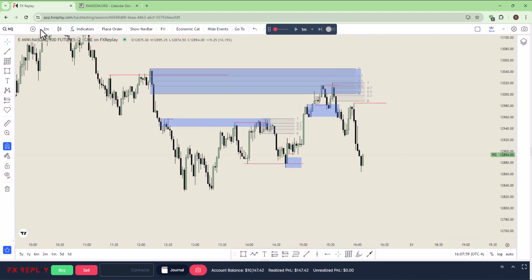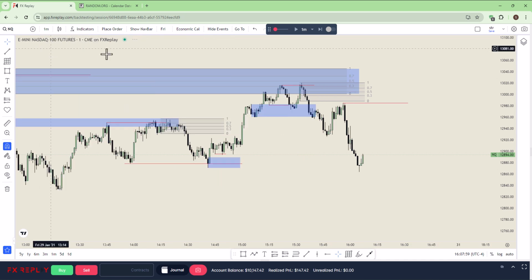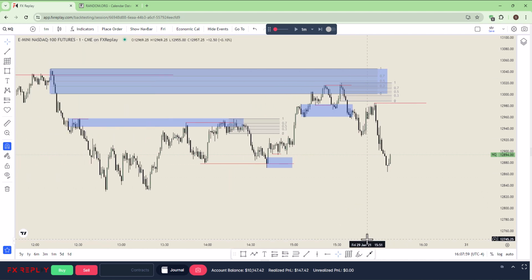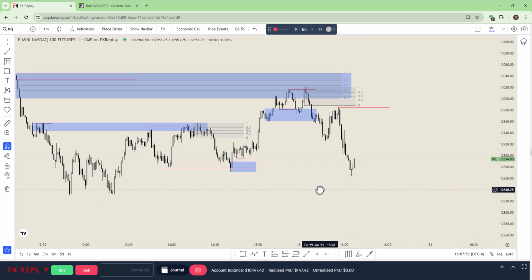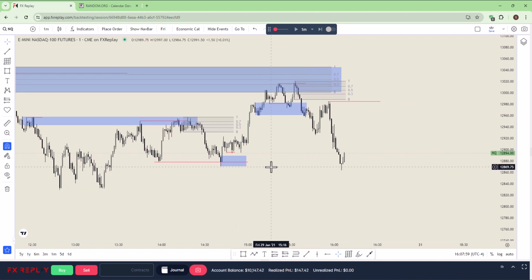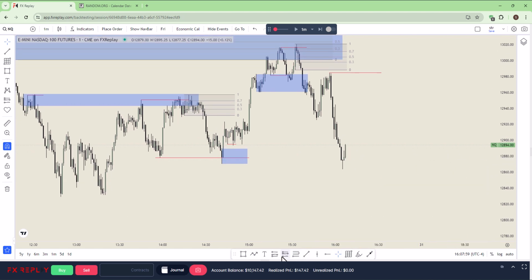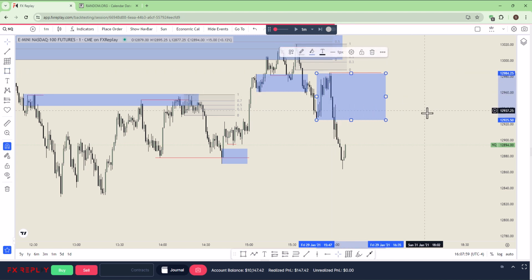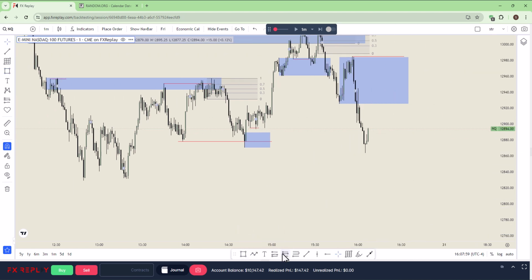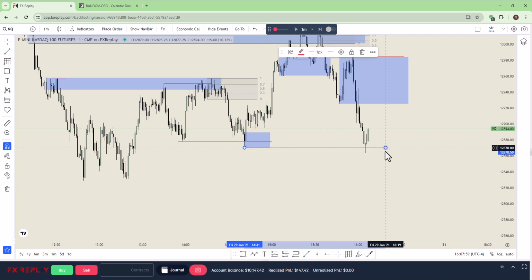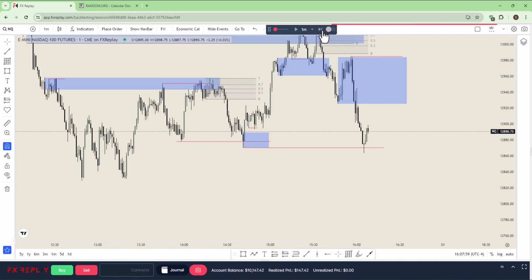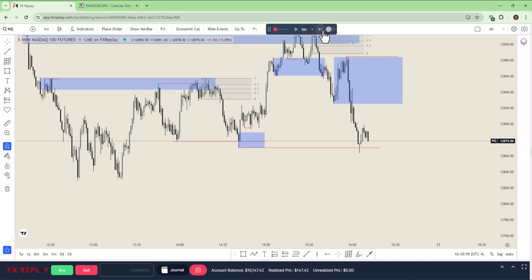Let's go to the 1 minute. As you can see, I am trying to take only quality setups, right? Instead of taking everything. So here we have a zone. We have a sweep. Price might use this as support to trade to here, but as I told you, I don't like to trade pullbacks.